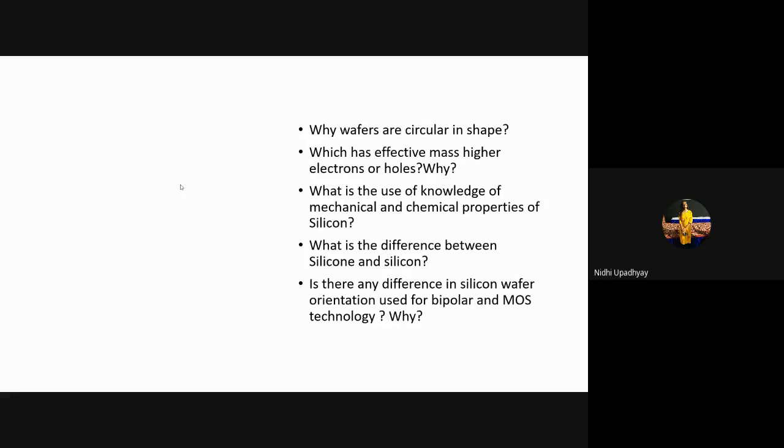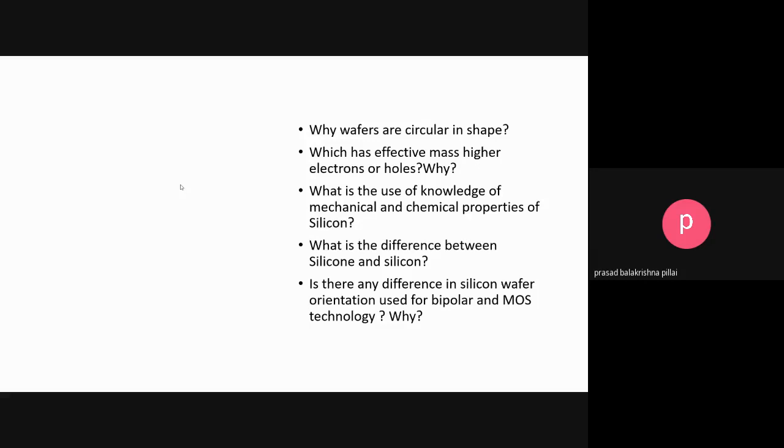Mechanical, because of MEMS devices. And chemical, because of the chemical processes we follow, like etching and all those things. I think we have discussed this. Anybody has any confusion here? No, sir.